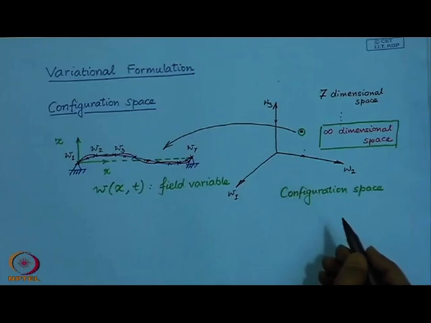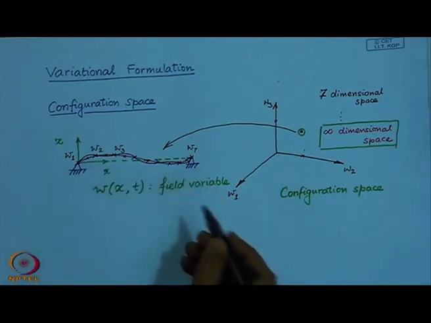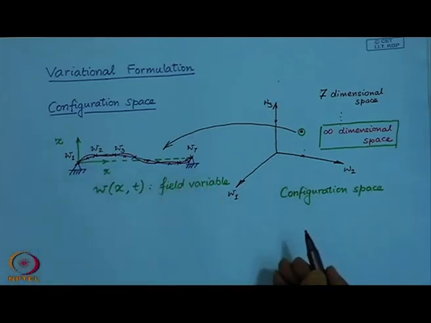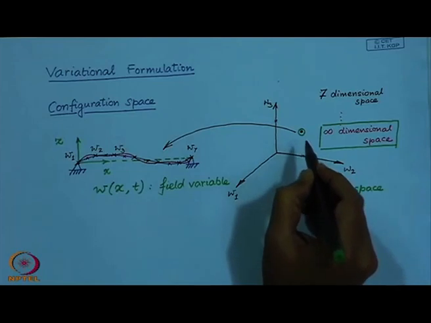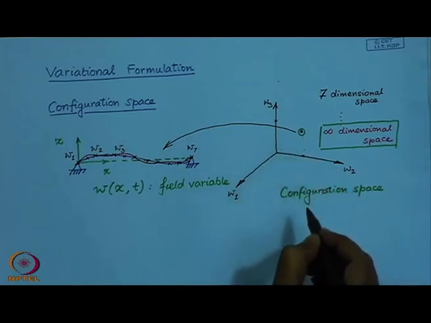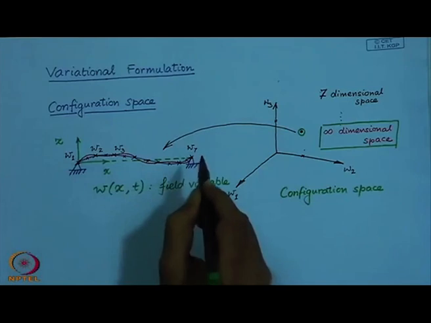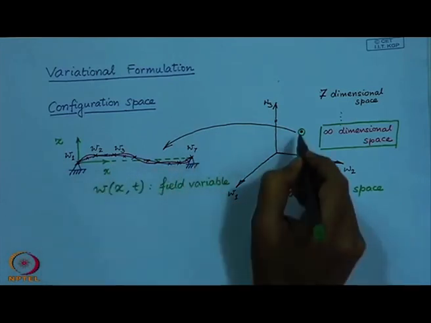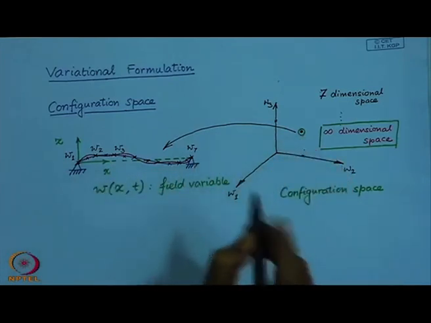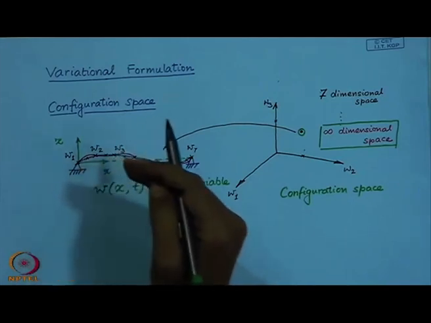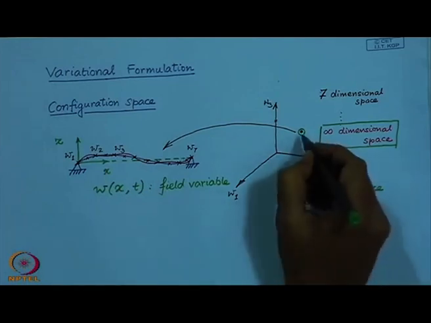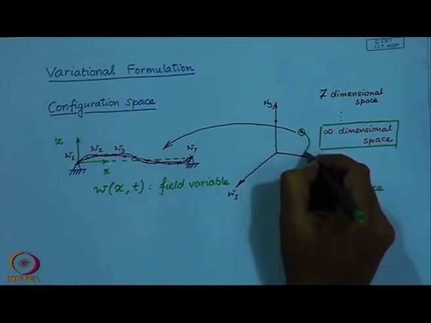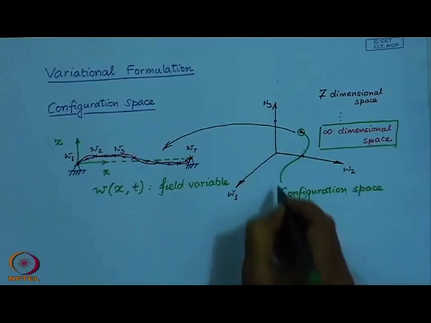So, the degree of freedom of a string or any continuous system is infinity. What is very important to remember now is that in the configuration space, any configuration of a continuous system is represented by a single point. So, as the string vibrates, as it moves through configurations, there are trajectories in this configuration space through which the string is going to move.